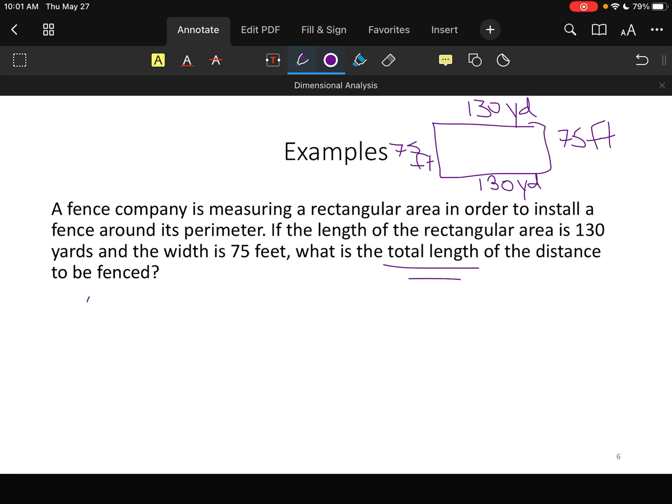I know that 1 yard is 3 feet. So I'm going to take this 75 feet times, I want to convert it to yards. Notice the 3 feet go at the bottom over this 1 yard.